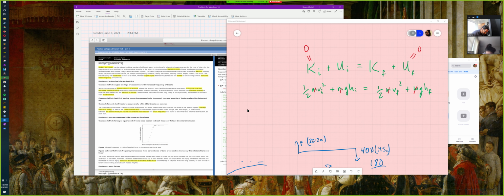So then we'll just have basically GH is equal to 1/2 V final squared. Now, tell me what to do to solve for V final. Times 2, good, and then square root. Good.